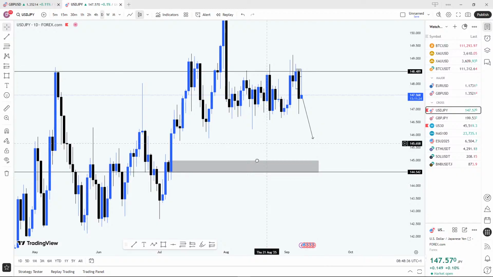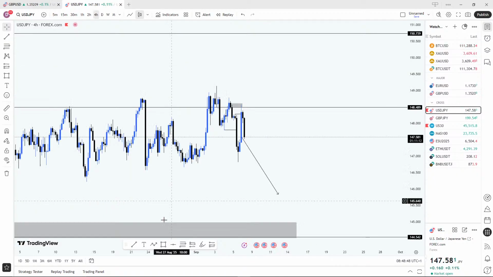On the 4-hour time frame, it's a similar thing. The sell is currently still happening, and the nearest liquidity is obviously this very low, which the price is likely to take out. This sell is likely to continue till it gets to this zone. Why is that?